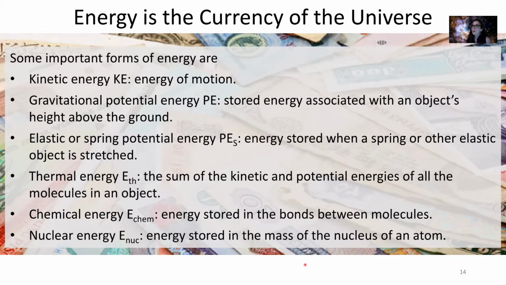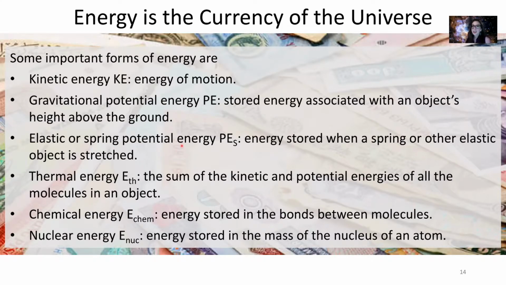There are some important forms of energy that we are going to be talking about in this class. Kinetic energy, which is energy from motion. Gravitational potential energy. If it's a potential energy, it's energy that is stored, and it's associated with an object's height above the ground. So when you think about potential energy, it's energy that has the potential to become some other type of energy. We have elastic or spring potential energy.